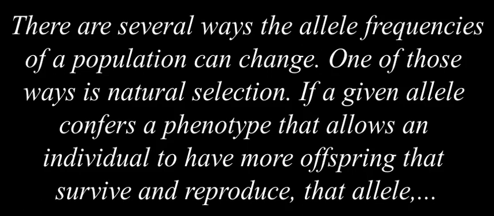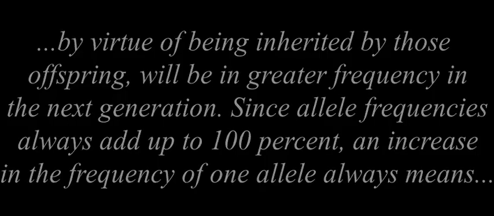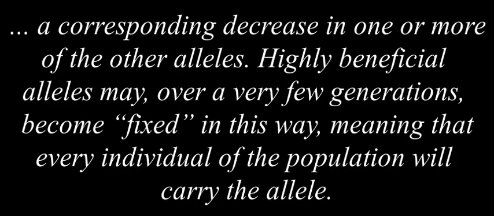If a given allele confers a phenotype that allows an individual to have more offspring that survive and reproduce, that allele, by virtue of being inherited by those offspring, will be in greater frequency in the next generation. Since allele frequencies always add up to 100%, an increase in the frequency of one allele always means a corresponding decrease in one or more of the other alleles.